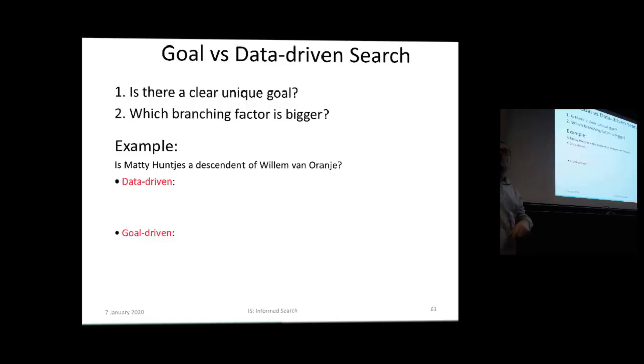And so we just need to go through all the records until we find either from Willem von Oranje that Matti is a descendant, or we start from Matti and we decide whether one of his ancestors is Willem von Oranje. Which way would you look?